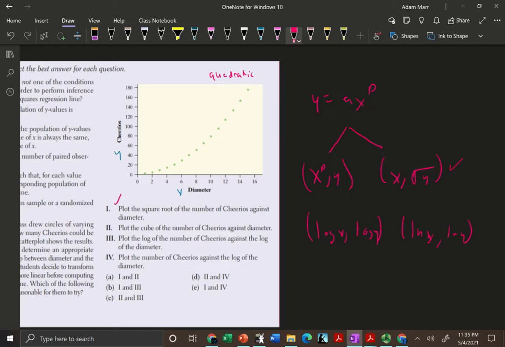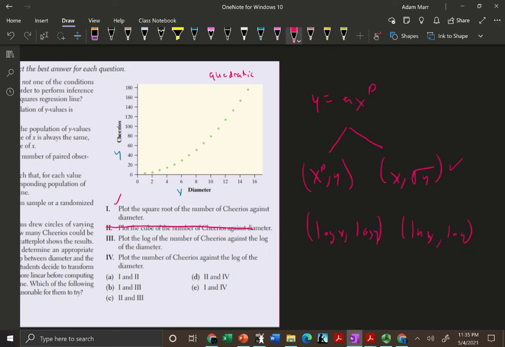2, plot the cube of the number of Cheerios against the diameter. No, it probably would be square root because this looks more like a quadratic, and the cube of the number of Cheerios against the diameter, that wouldn't work anyway because if it was cubic, it would be the cube root. So this is wrong for a number of reasons. 3, plot the log of the number of Cheerios against the log of the diameter.